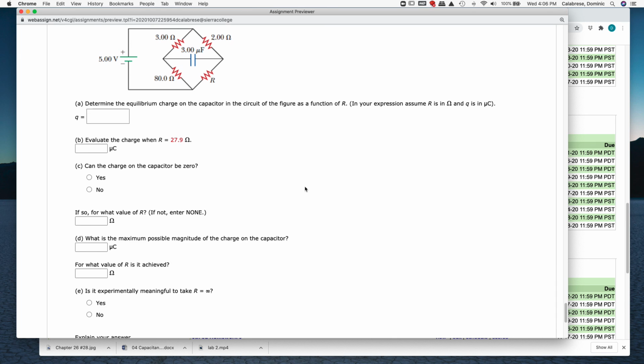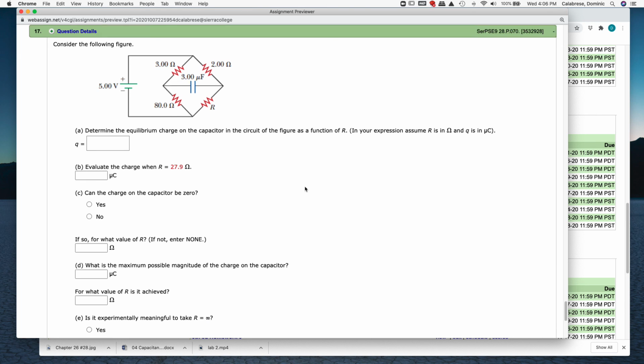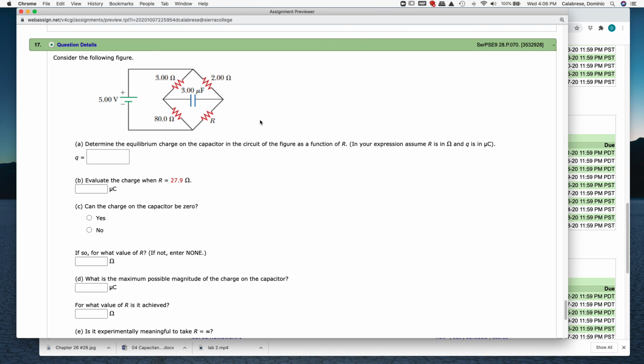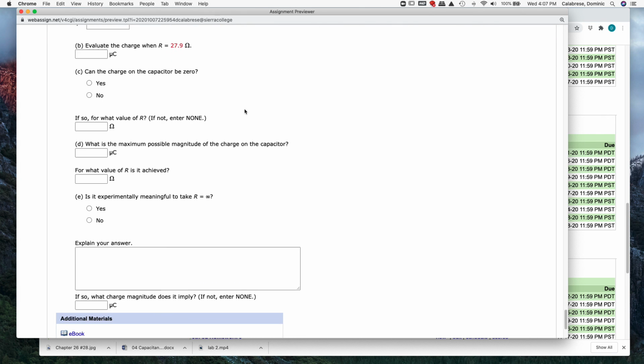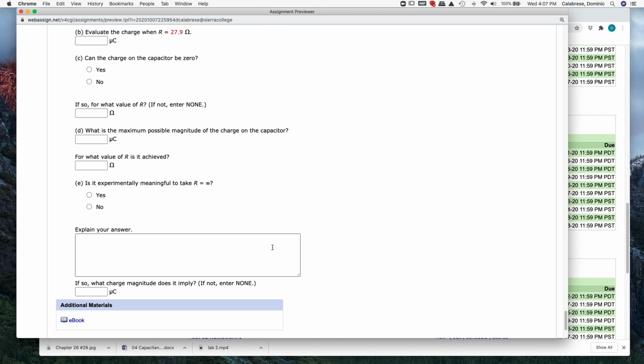17 is a nice problem. It's like a problem I did in class with the ammeter, except here this capacitor is charged up. There will be a potential difference across the capacitor when it's charged up. And for this last thing here, you don't have to enter anything.